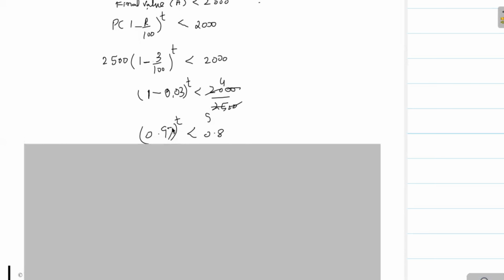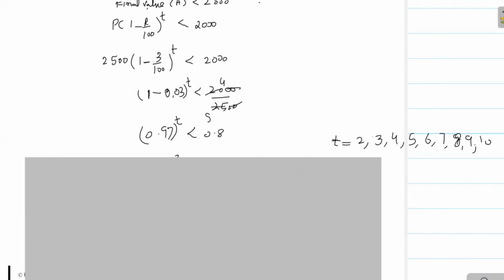We have to calculate 0.97 power t, that value is less than 0.8. We will take the time values 2 years, 3 years, 4 years, 5, and at which value the answer is less than 0.8, that time value will be the answer.